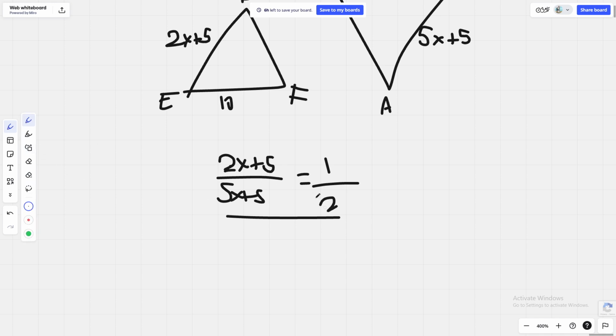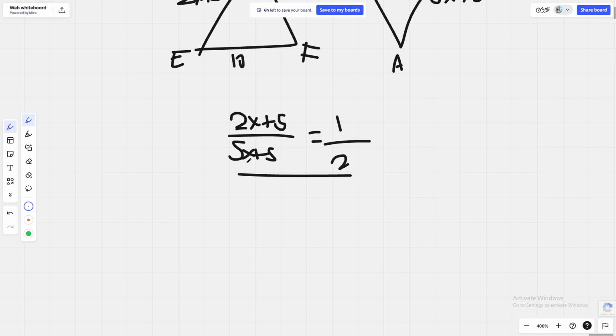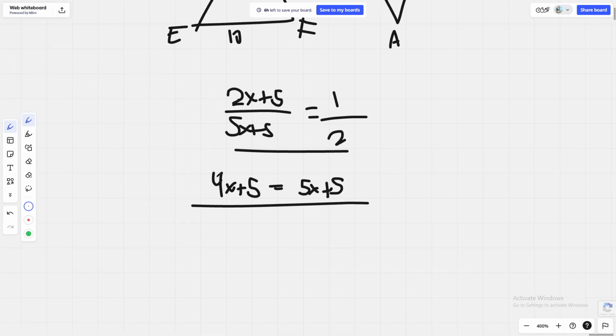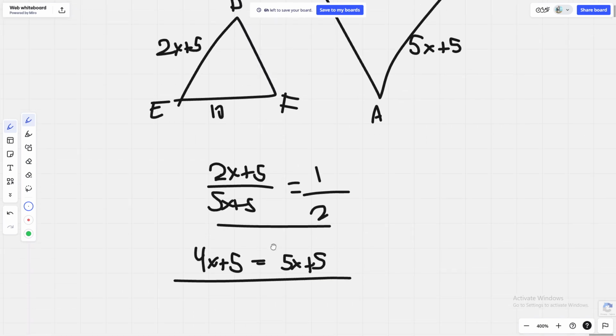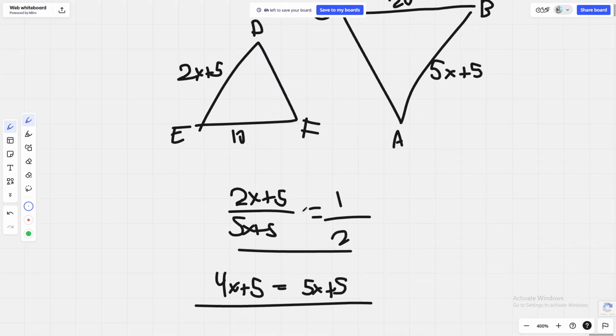So what we can do here is just cross multiply, which will get us 2 times 2x plus 5, which is going to be 4x plus 5, is equal to 5x plus 5 times 1. So that's just going to be 5x plus 5. After we simplify, oh wait a minute.